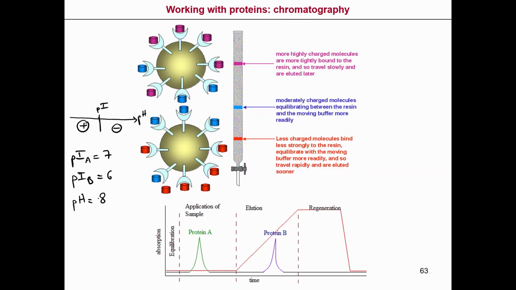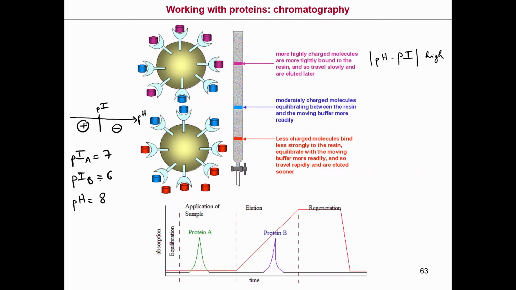When the difference between the pH and the pI is high, it means that your protein will be more charged, and the protein will be tightly bound.